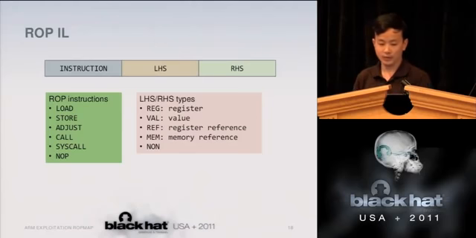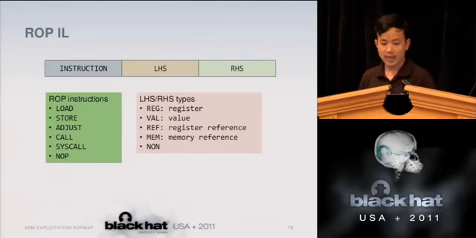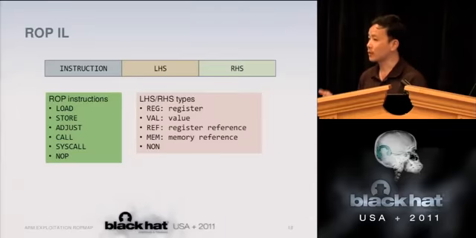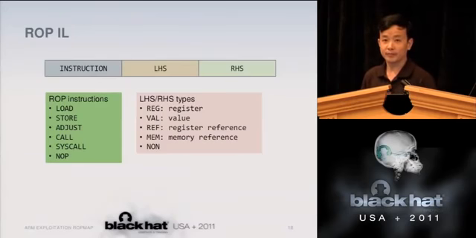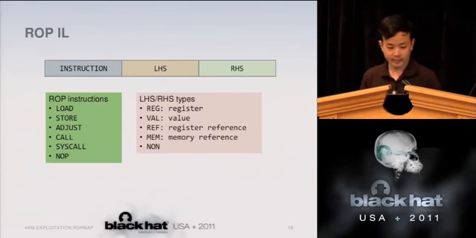For the left-hand side and right-hand side data type, we have 4 types: register, constant value, memory reference by a register, and memory reference by an address. That's all.